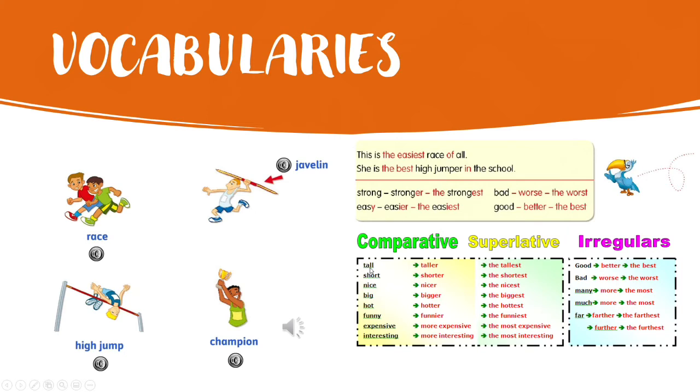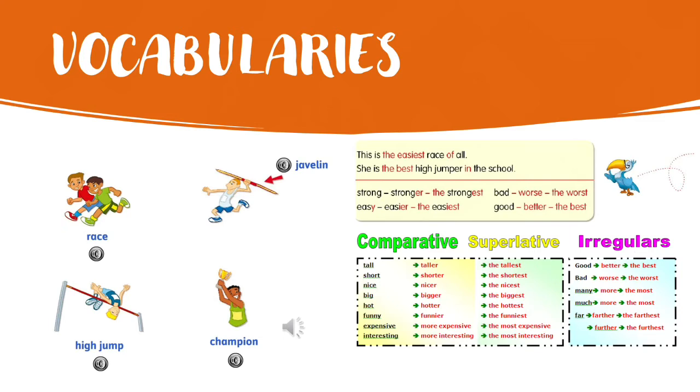Here we have tall, taller, and the superlative is the tallest. For these 2 words, we cannot use ER or EST at the back, so we use expensive, more expensive, the most expensive. We also have irregular adjectives.